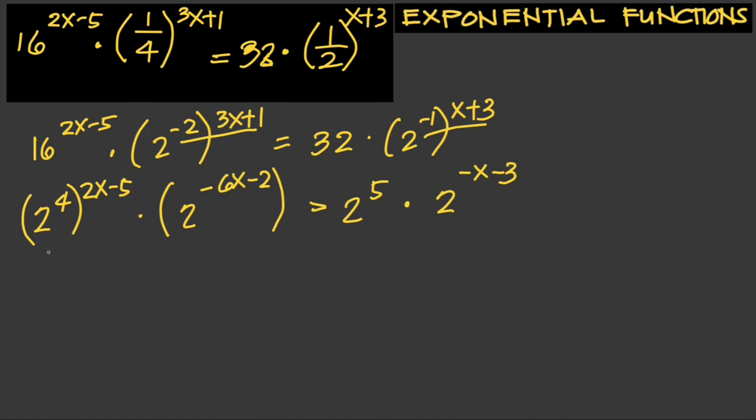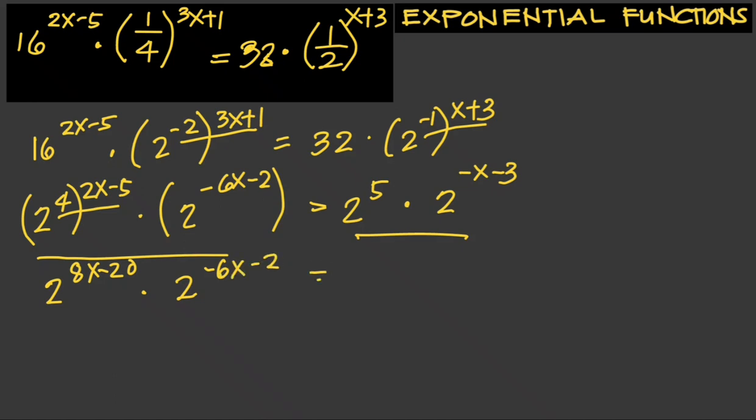By applying the product rule, since they have the same base, we can just add the exponents. So first we simplify this. This would be 2 to the 8x minus 20 times 2 to the negative 6x minus 2 equals 2 to the 5th times 2 to the negative x minus 3.